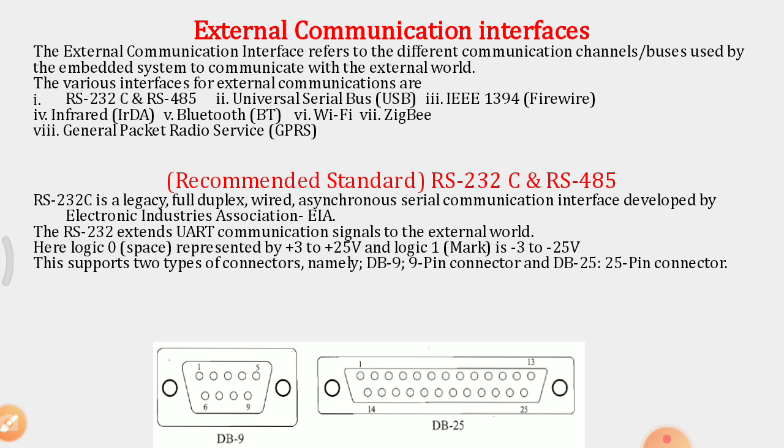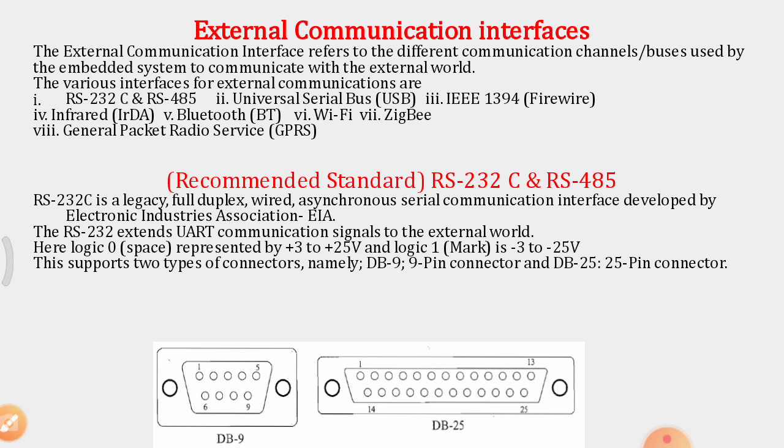The first one is RS-232 and RS-485. Here RS refers to Recommended Standard. Basically, in 1960, the RS-232 was developed by the EIA, Electronic Industries Association. RS-232C is a legacy full duplex, wired communication with asynchronous serial communication.